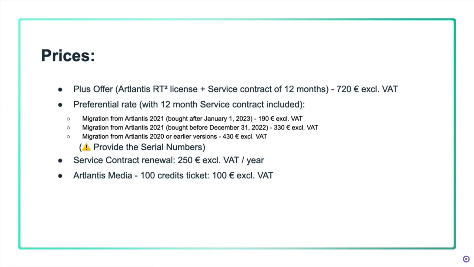For early adopters before 2023, the price stands at €330. For Artlantis 2020 and earlier version users, you can enjoy Artlantis RT for €430. To get the preferential rate, please provide the serial numbers when placing the order.